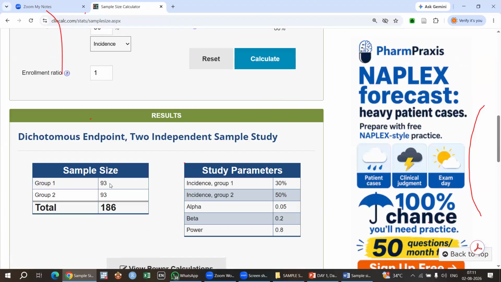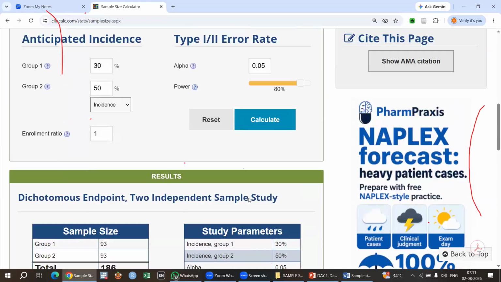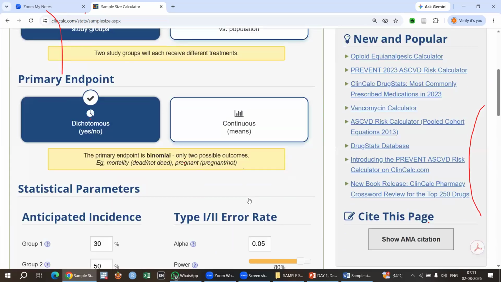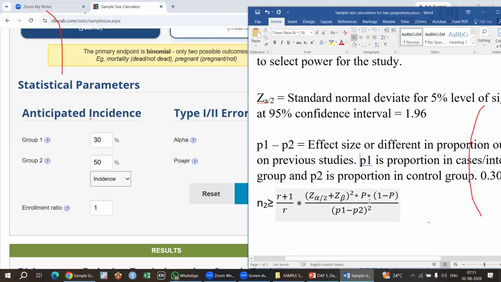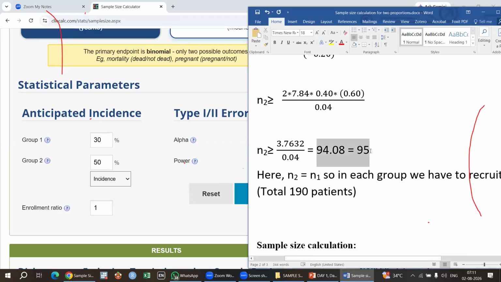It is coming 93 in the intervention group and 93 in the control group. So what was our result? We can match it. It's coming 95 or 94.08, 95.